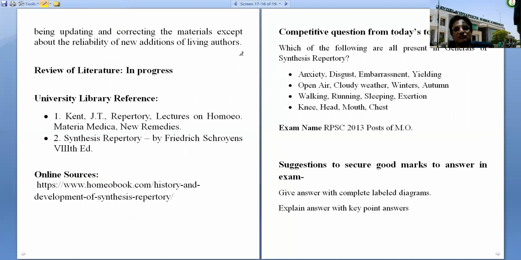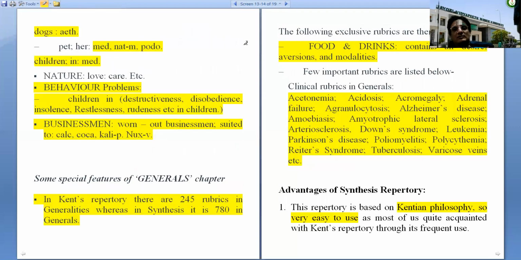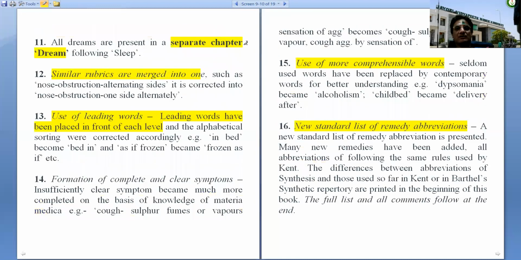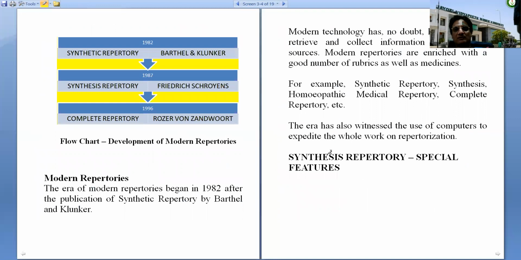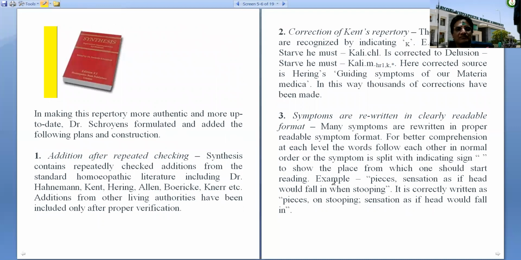So this was all about Synthesis repertory. Today we have gone through all the data, especially the special features of Synthesis.